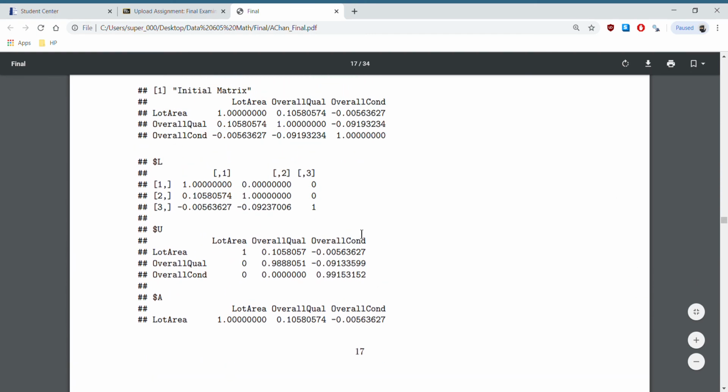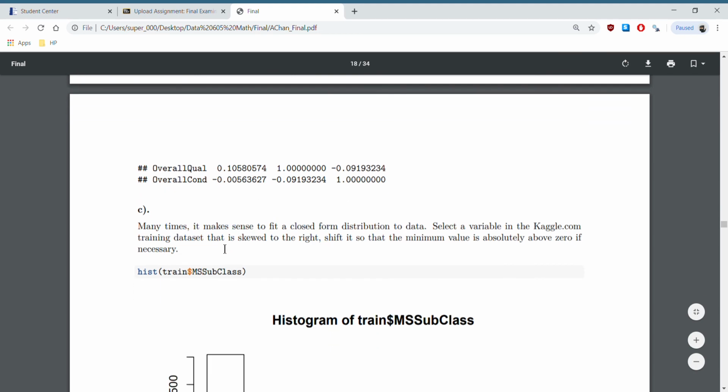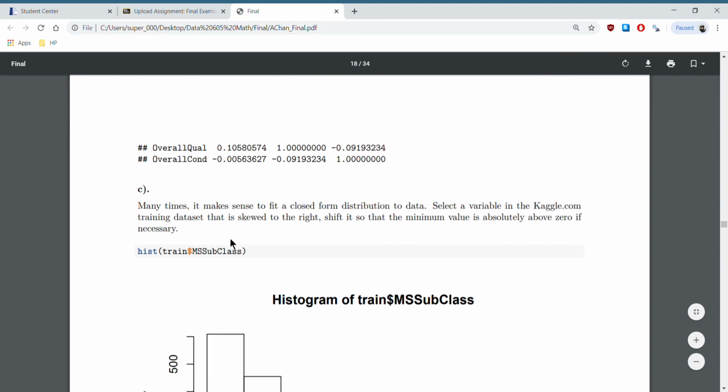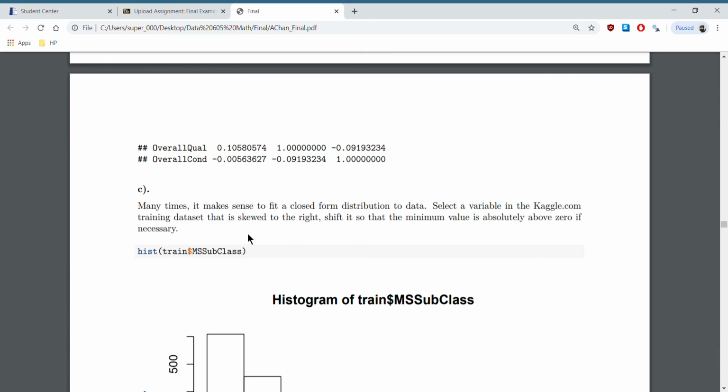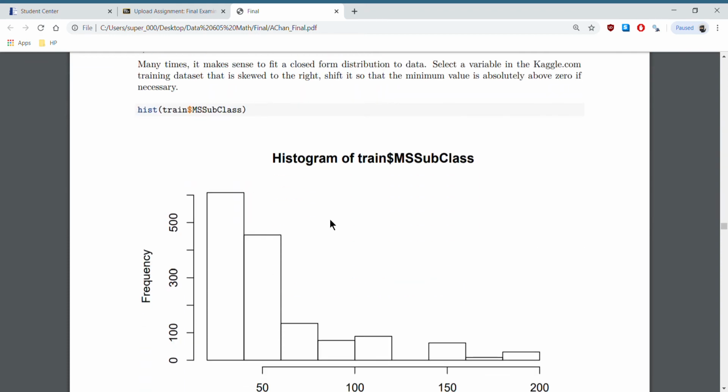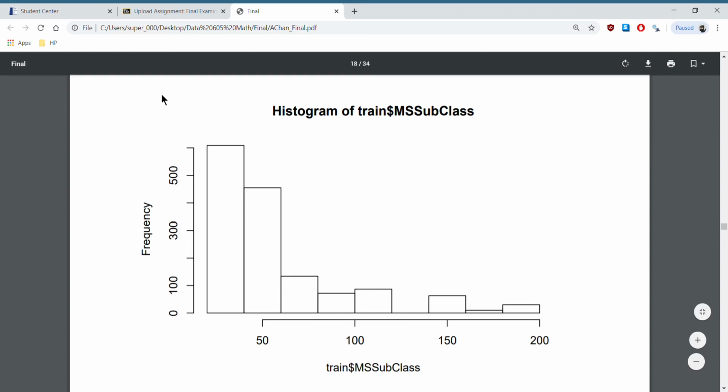And then many times it makes sense to fit a closed form distribution. Select a variable that is skewed to the right, shifted so that it's above 0. Okay, so I chose MS subclass for my variable. It looks like this, has a pretty heavy right skew.